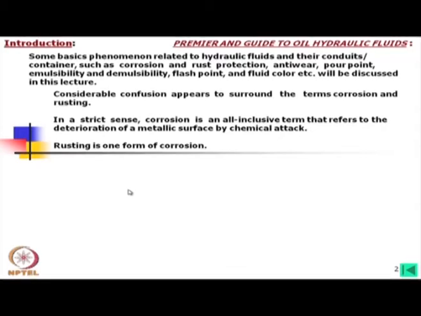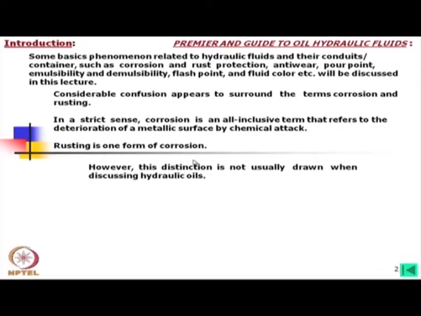Rusting is one form of corrosion. Although we normally use the term corrosion, it is a particular phenomenon of total corrosion. However, this distinction is not usually drawn when discussing hydraulic oils.